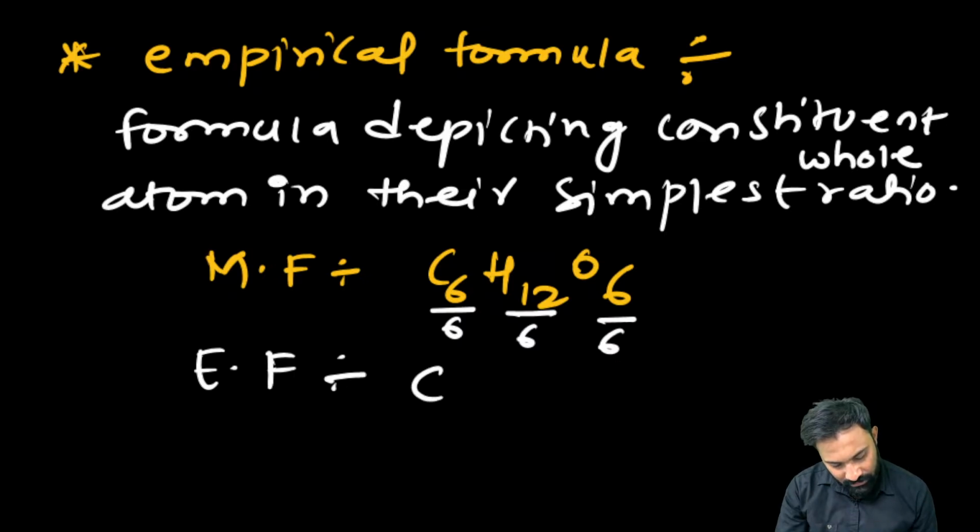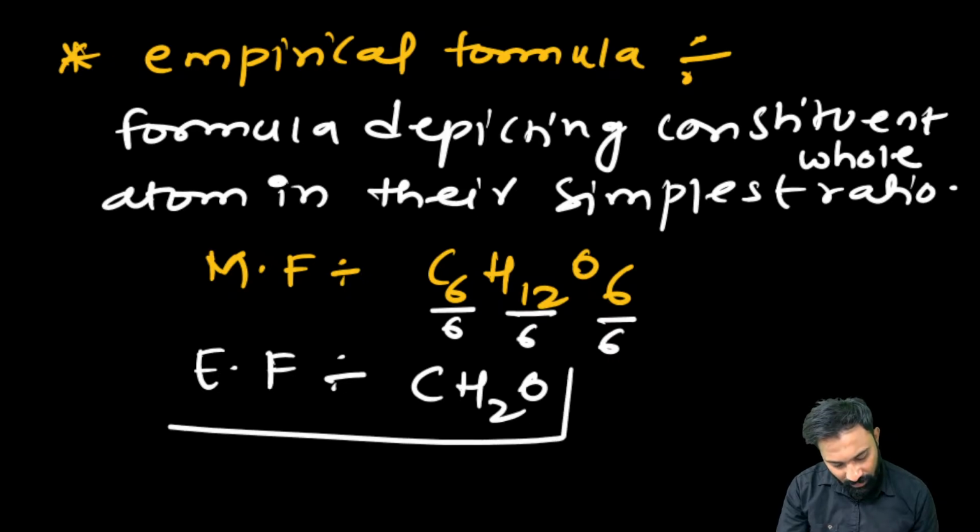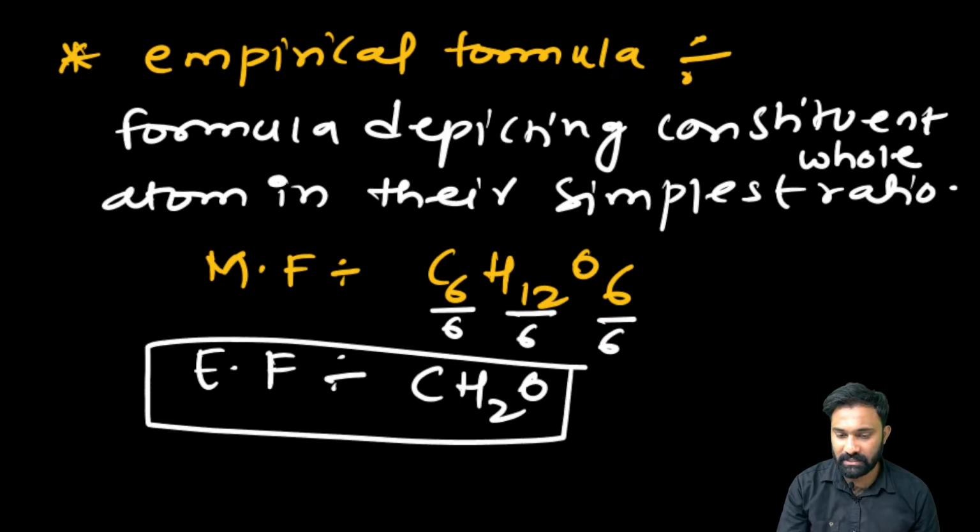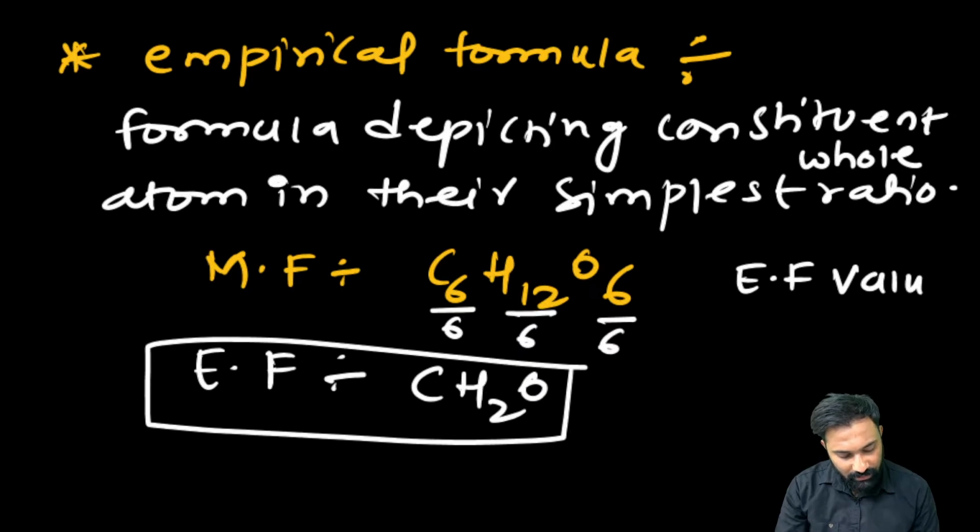Then it becomes CH2O. This is the simplest or empirical formula. It cannot be divided further, because dividing by 2 would give fractions, and it should be in complete numbers. So here the value of n will be 6.